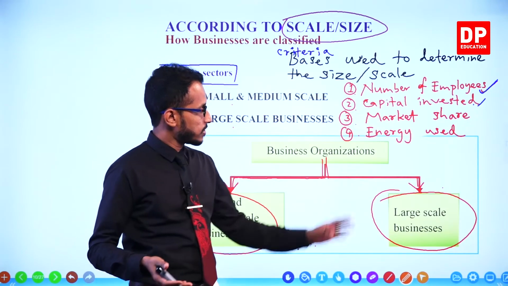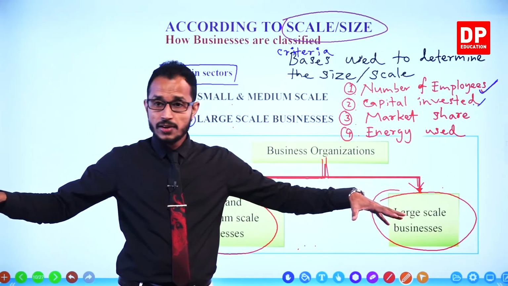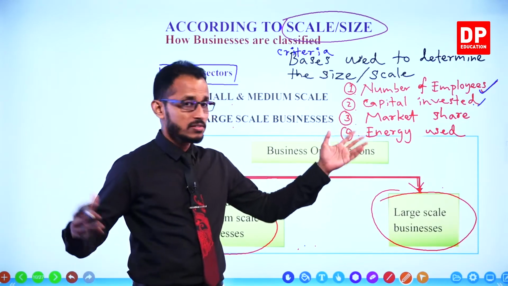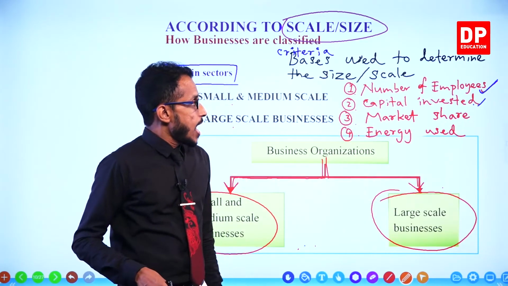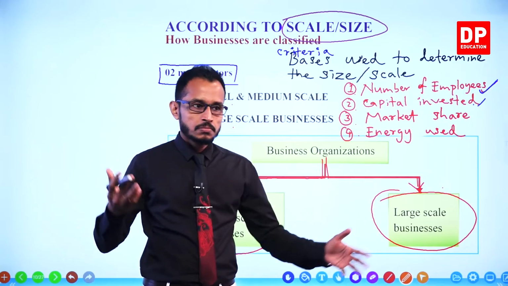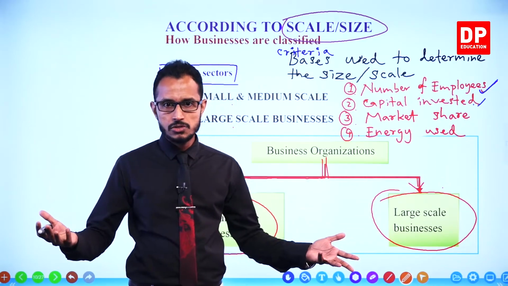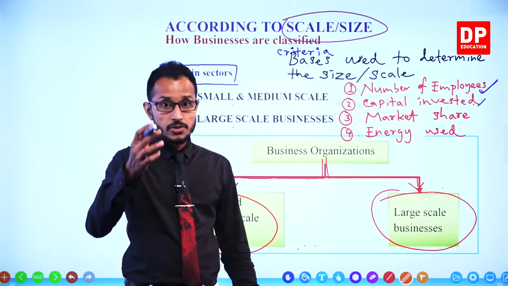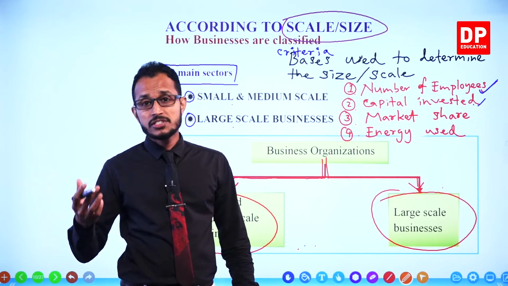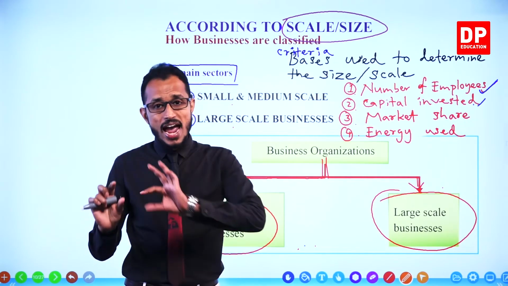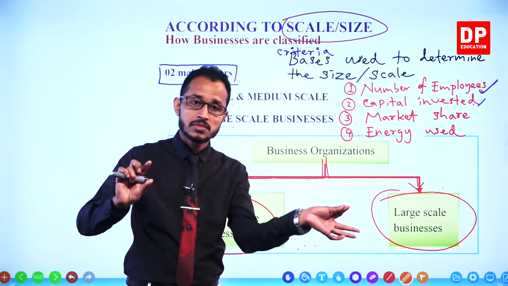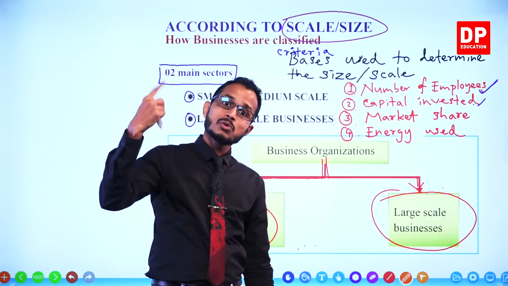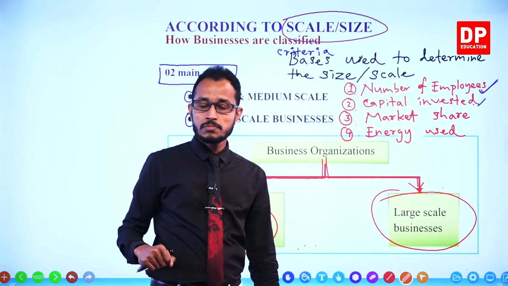Okay, if you have a factory which is employing like 200, 300 employees, and you're producing something like, let's say, industrial machineries or chemicals in the factory. And your electricity bill, when added up for the whole year, goes all the way up to, let's say, 1 million.